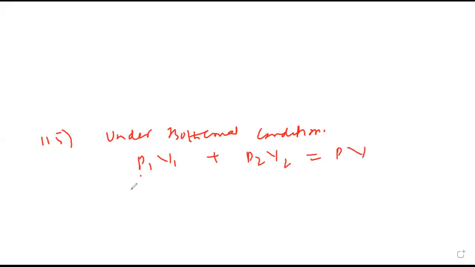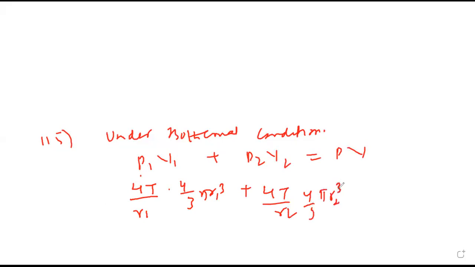First, excess pressure is 4 into surface tension upon R1, into volume 4 by 3 pi R1 cube, and P2 is 4T upon R2, volume 4 by 3 pi R2 cube.